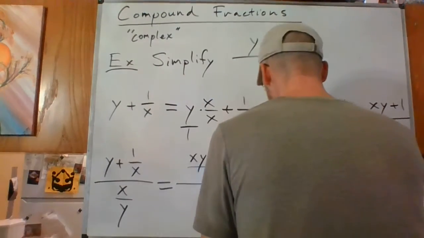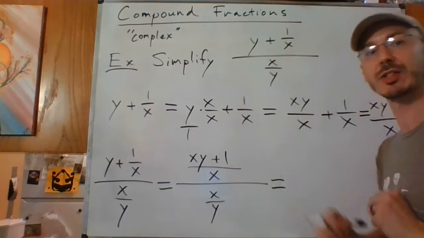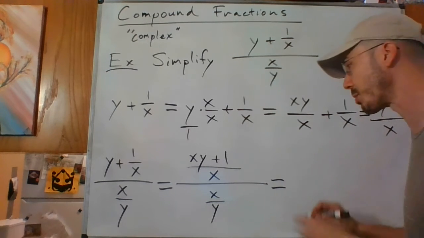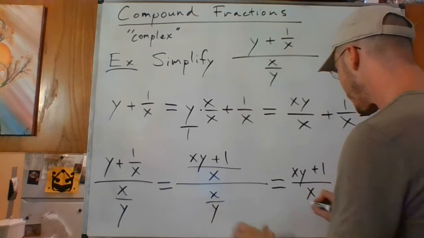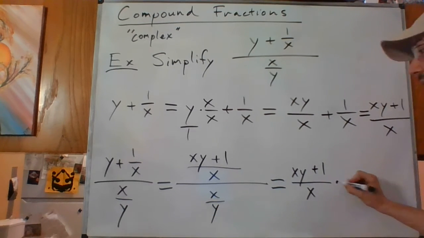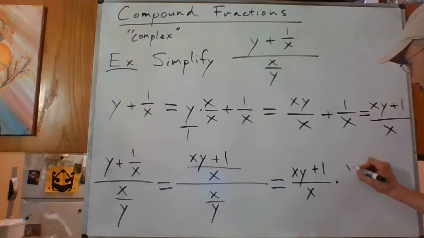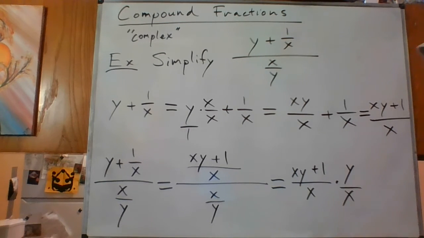Now I'm going to use the divide by a fraction property. It's multiplying by the reciprocal. So my numerator is xy plus 1 over x, that fraction that I got here, times the reciprocal, y over x, of the denominator.